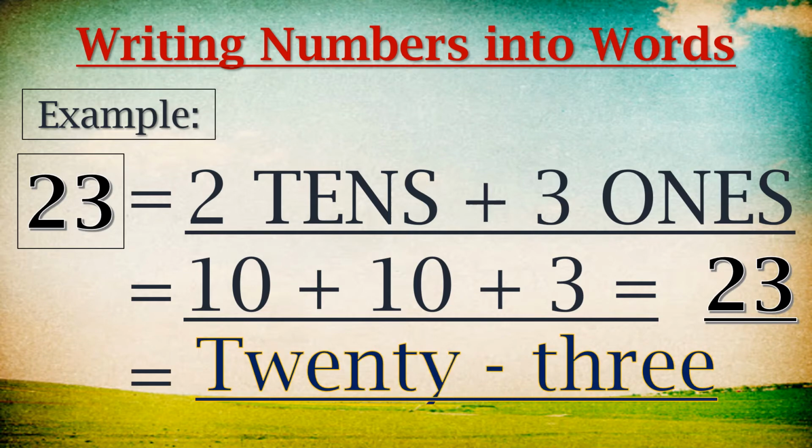Let's spell 23. T W E N T Y dash T H R E E. 23. All right? Now, let's continue to learn more examples in writing numbers into words.